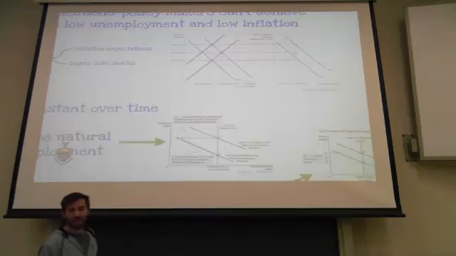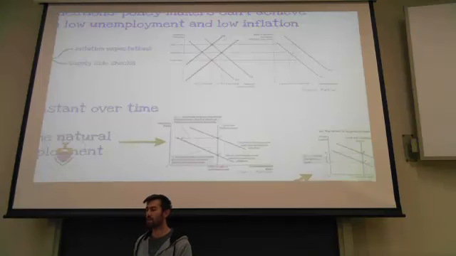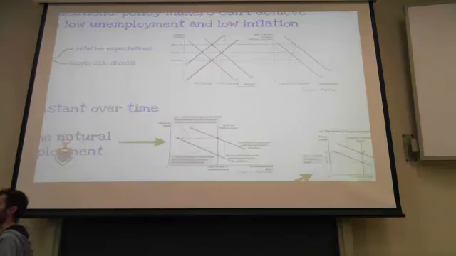Okay? In other words, if people adjust their nominal wages because they're adjusting their inflation expectations, then we are shifting the aggregate supply curve either to the right or to the left. If they increase their nominal wages in response to an increase in what they expect inflation to be, then we shift the aggregate supply curve to the left.